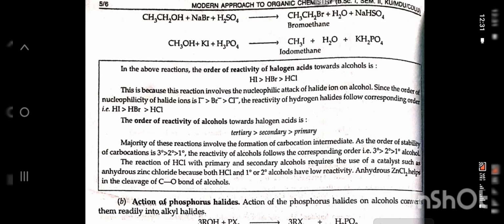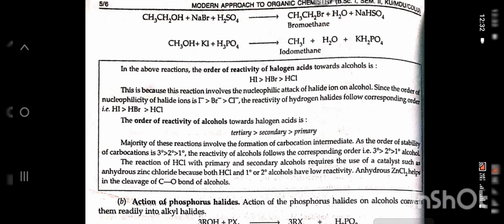The order of reactivity of alcohols towards the halogen acids is tertiary, then secondary, then primary. The majority of these reactions involve the formation of a carbocation intermediate. As the order of stability of carbocations is tertiary, then secondary, then primary, the reactivity of alcohols follows the corresponding order, that is tertiary, secondary, primary alcohol.